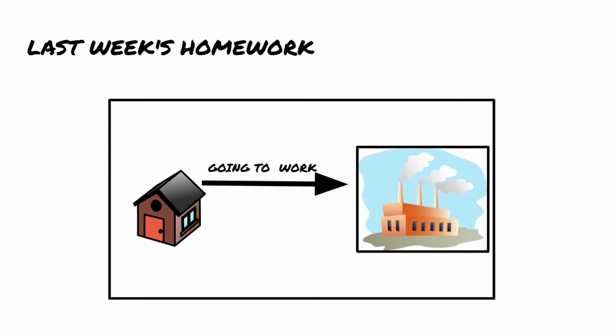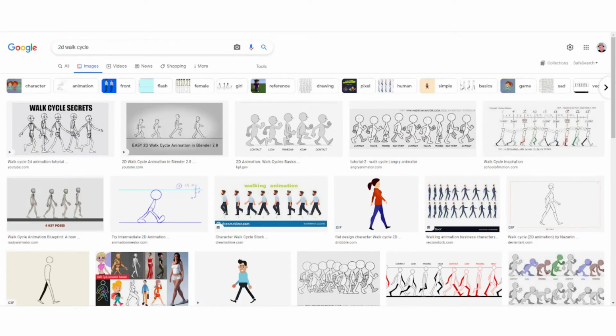Now, why is that? Well, I did a search on Google for 2D walk cycles. Let's take a look at this. This is from the side a walk cycle done in 2D animation. Lots of people have done it, and people can animate the walk cycle going from left to right or right to left.